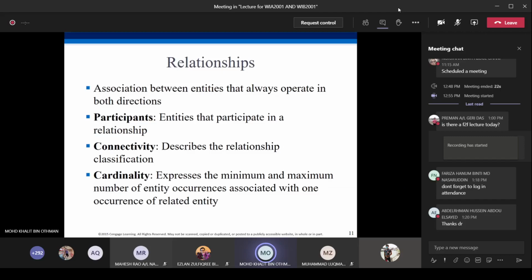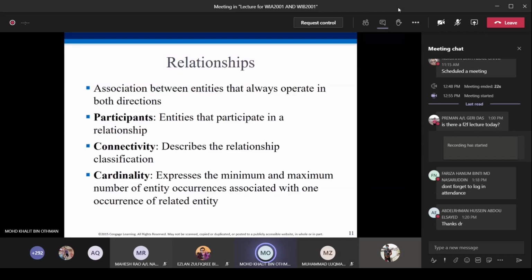For another example, in the relationship a professor teaches a class, entity professor and entity class are participant entities. So you have to know what participant entities are.